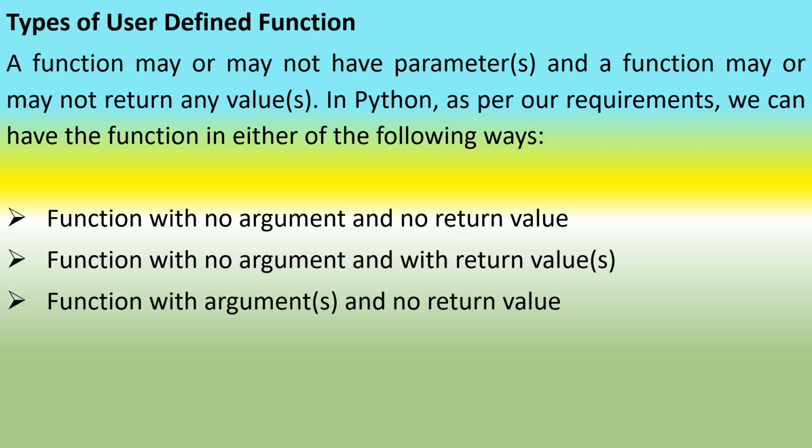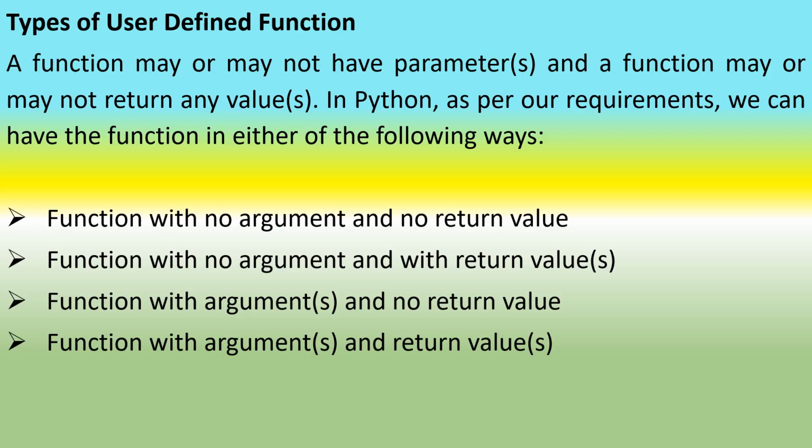Next, function with argument or arguments and no return value. That means here the function will be called by passing a value or by passing values, and that function will not return any value.